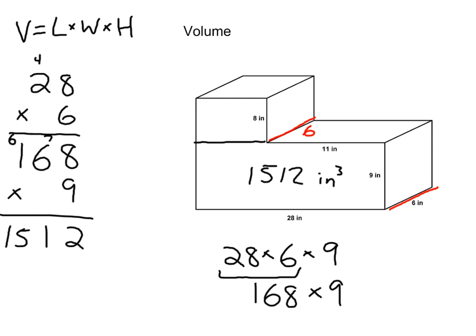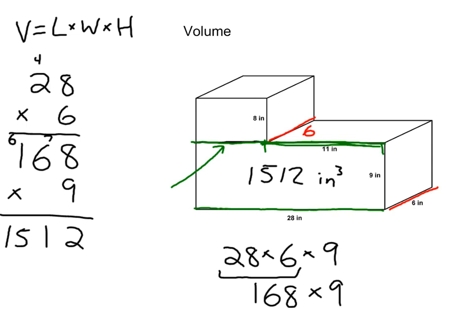We do know that this entire length is the same as the length of the bottom step, which is 28 inches. If the whole thing is 28 inches, and this section here is 11 inches, the remainder must make up the length of the top step.